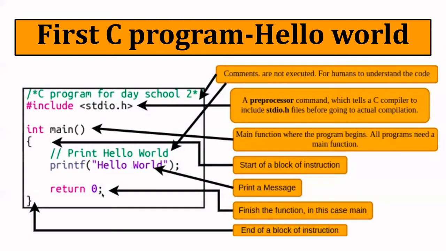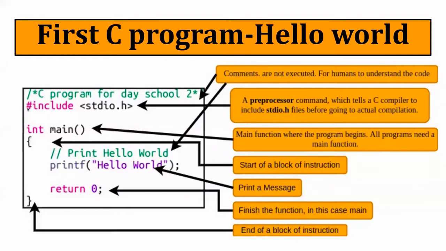If you need a return value, you have to compulsorily write return and any value. The data type of this return value is indicated by this int. Int is an integer data type.